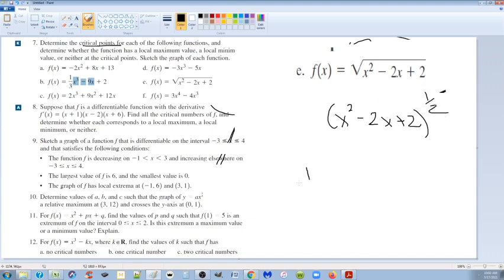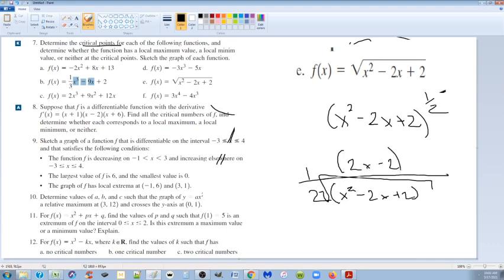Taking the derivative of it, you get this over this. When you set the top to 0, you get this, which means it looks like it has one critical point.